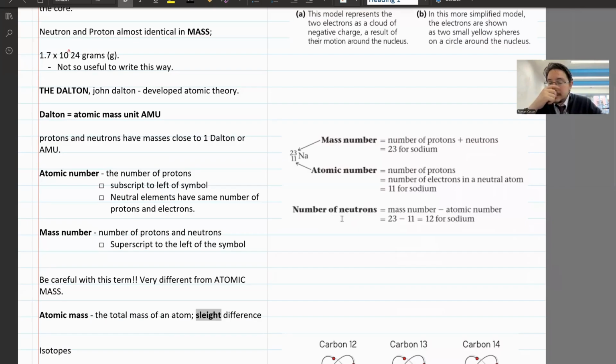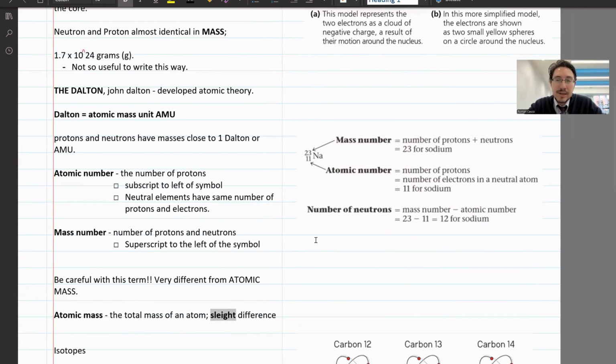So if you have the mass number and you want to calculate the number of neutrons, you can just subtract the mass number minus the atomic number, and that can give you the number of neutrons. Okay, but as we're going to see with isotopes, it's not always one for one, the same number of protons with the same number of neutrons. That could change, as we're going to see in a little bit.